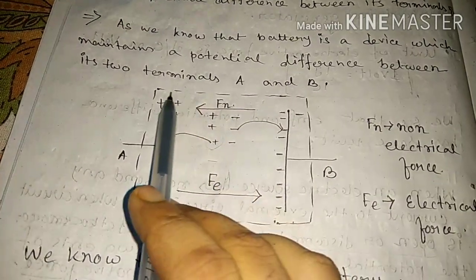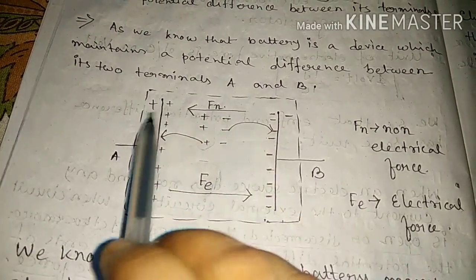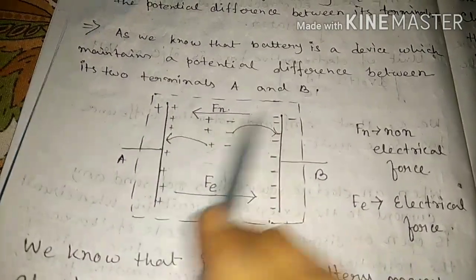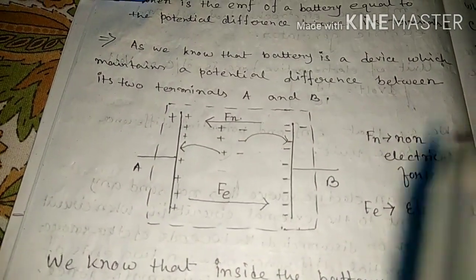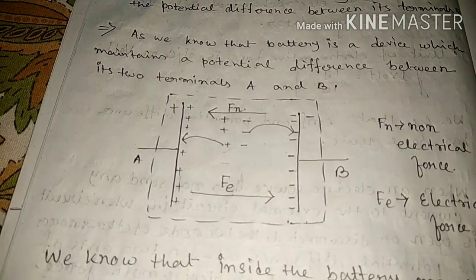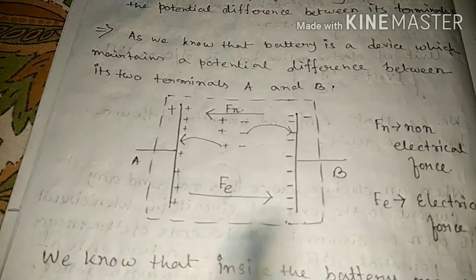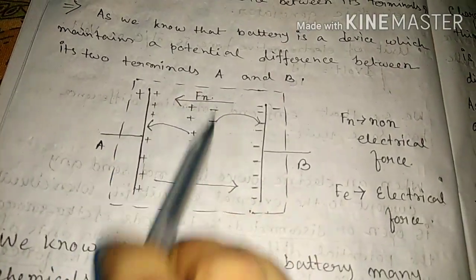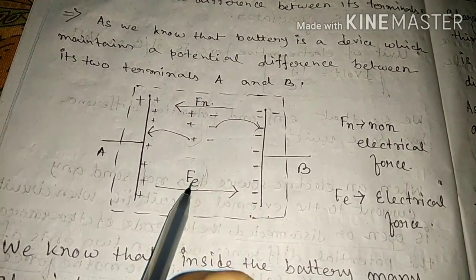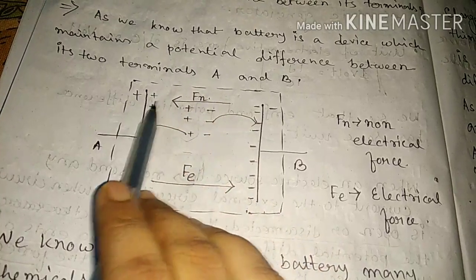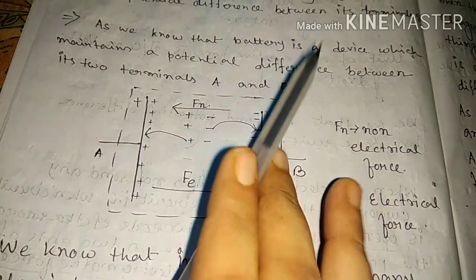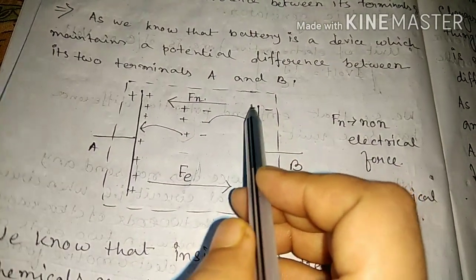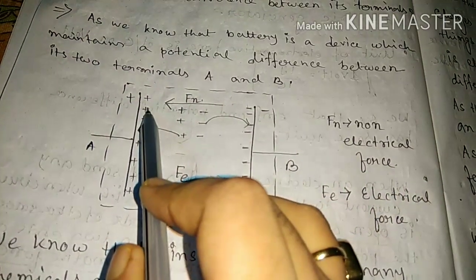No more electrical charges, positive or negative, are accumulated on either side. In that condition, we say that the process of accumulation has stopped. That means no more charges are accumulated on this side or that side, or we can say that no electrons move from this side to that side.